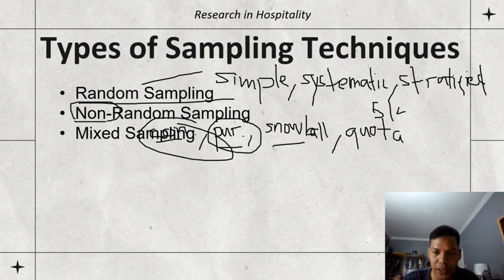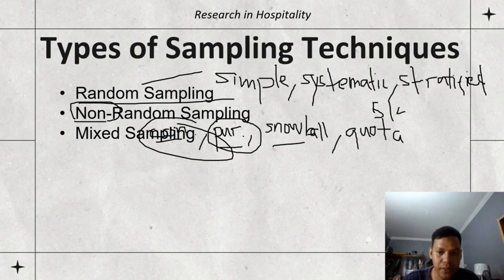One of the advantages of using mixed sampling is that it offers flexibility by combining elements of both random and non-random sampling. Also, it is useful in studies where certain subgroups need to be represented more accurately than others.